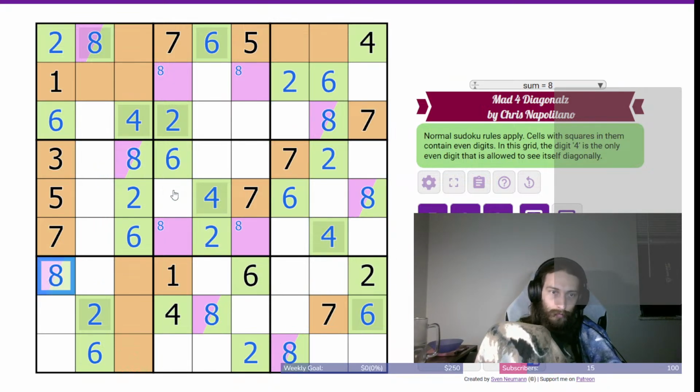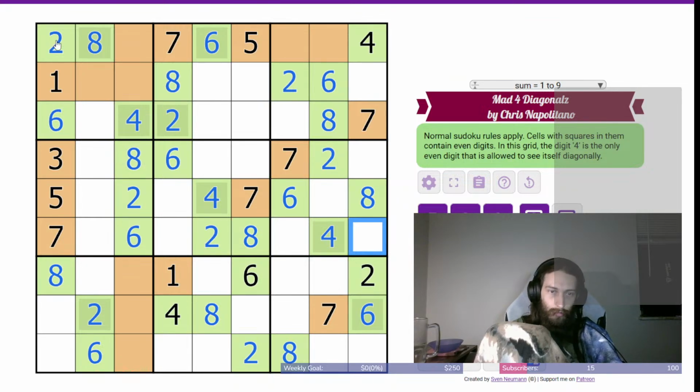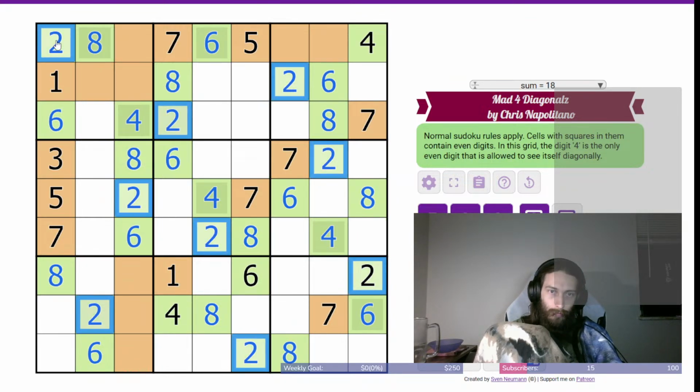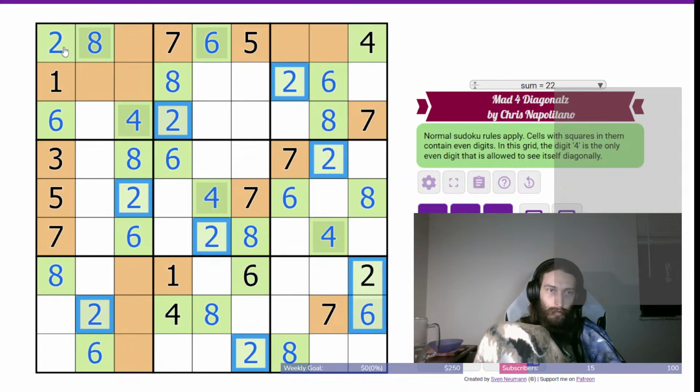Box 7, yeah. This one sees that one, so it's these two. All right. 2s. All right. That one was fine. That diagonal, that's fine.